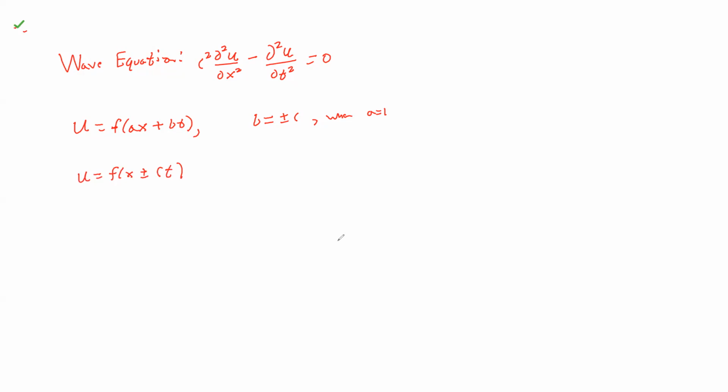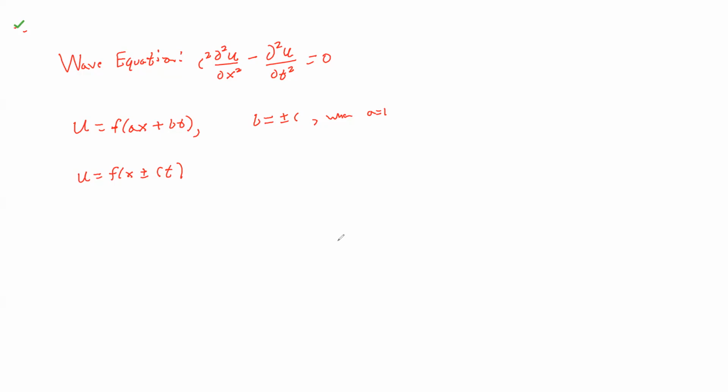There seems to be some relation between propagation distance x and time that has progressed t. So then the question is, okay, great. Is it the plus or is it the minus that indicates forward propagation? And I'll give you a second to think on that.